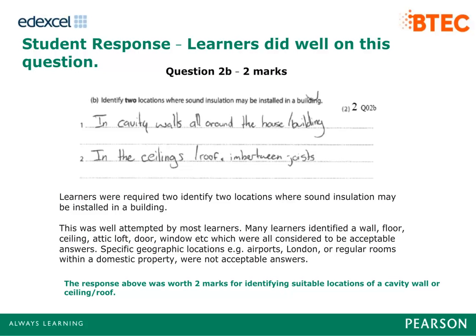Specific geographic locations, for example airports, London, or regular rooms within a domestic property, were not acceptable answers. The response shown was worth 2 marks for identifying suitable locations of a cavity wall or ceiling or roof.